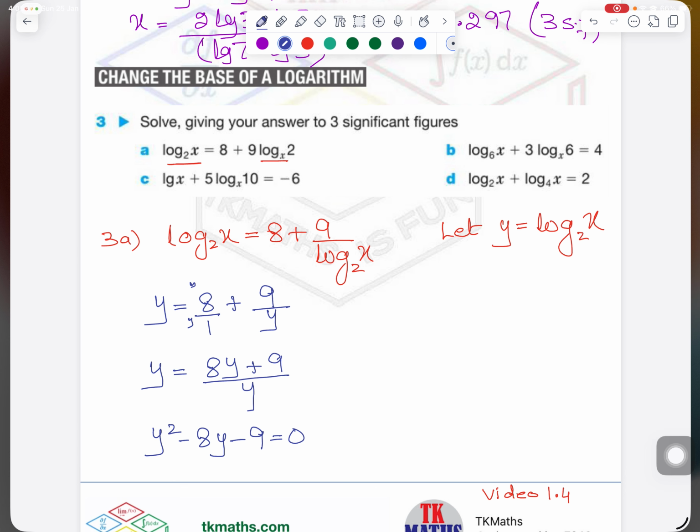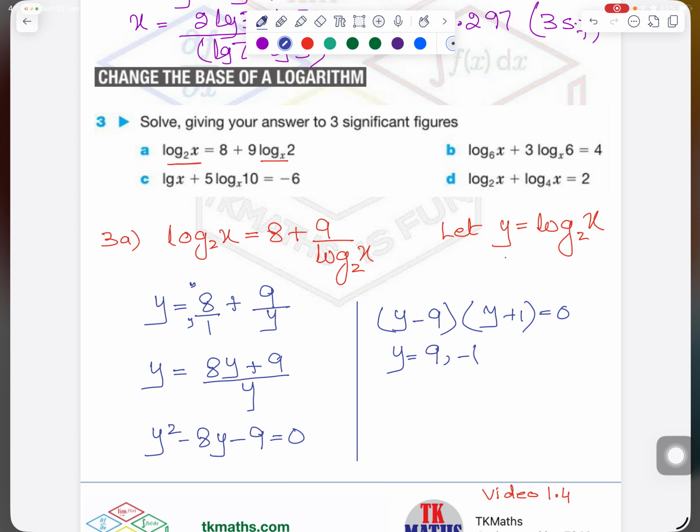So I'm getting the factors y minus 9 and y plus 1. Okay, so I got the two values of y, 9 and minus 1.